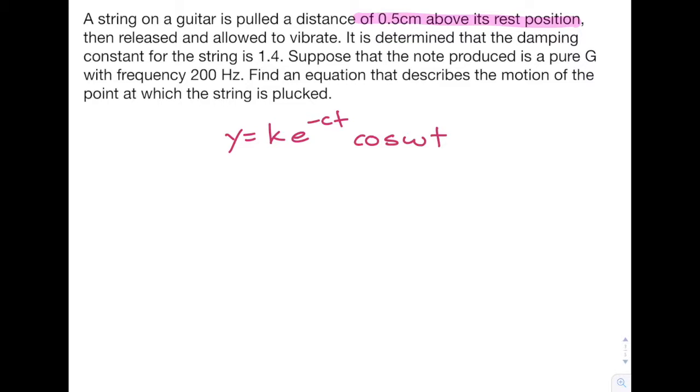We also see that we have a distance of 0.5 centimeters above its rest position, so k would equal 0.5. We also read that the damping constant is 1.4, so c equals 1.4, and it produces a pure G with frequency 200 Hz.